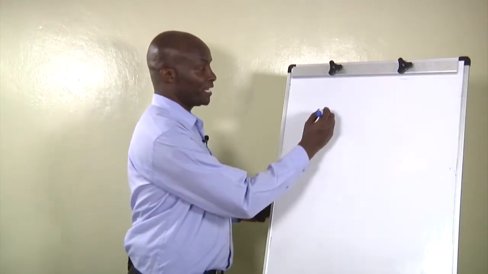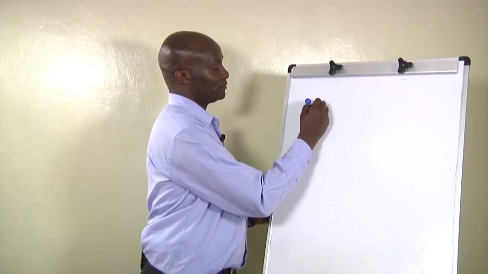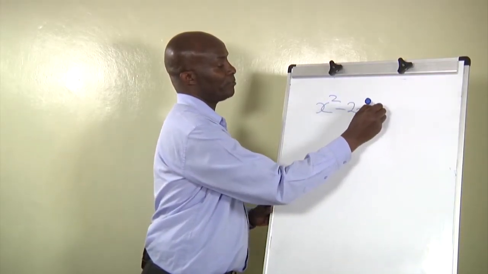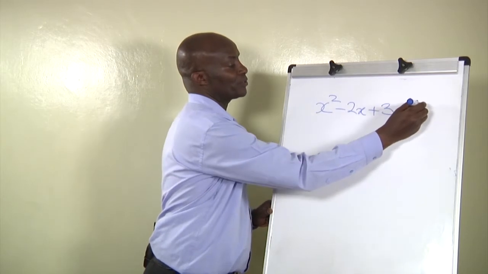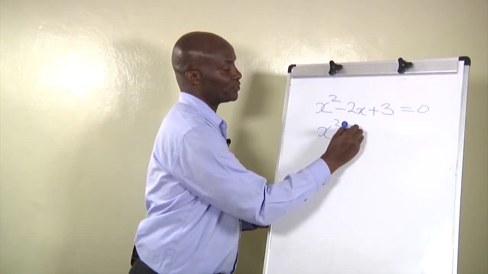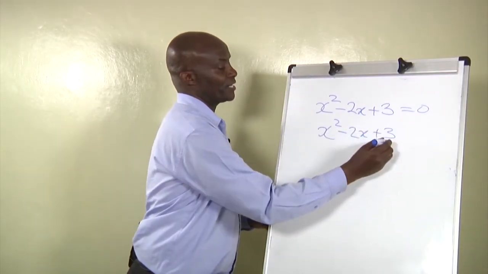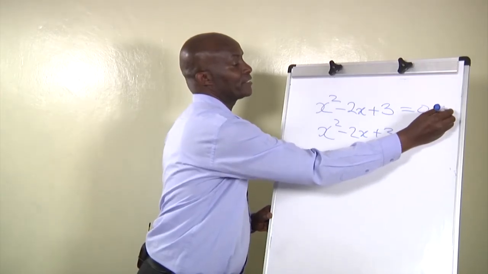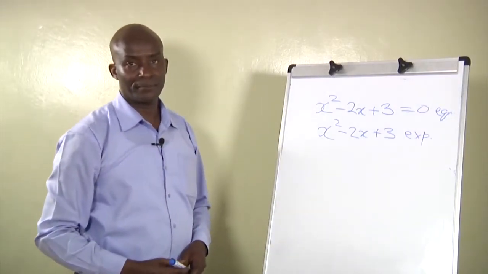Maybe you may be given x squared minus 2x plus 3 is equal to 0, as opposed to x squared minus 2x plus 3. Now, this is an expression, and this is an equation.